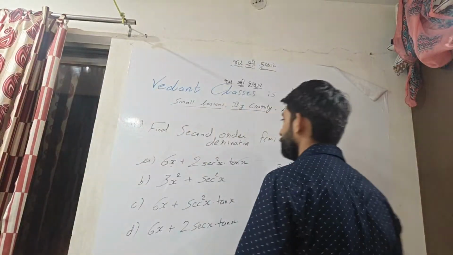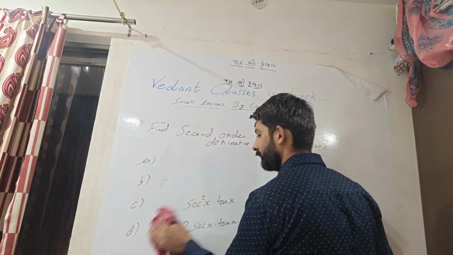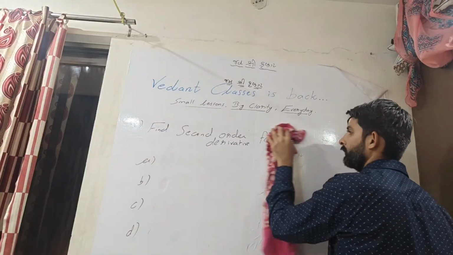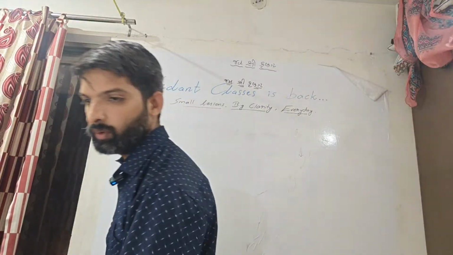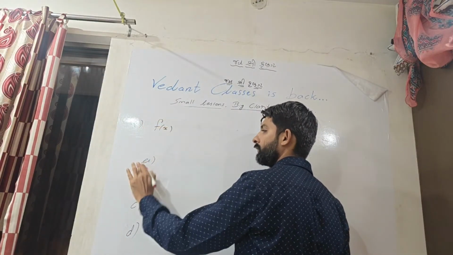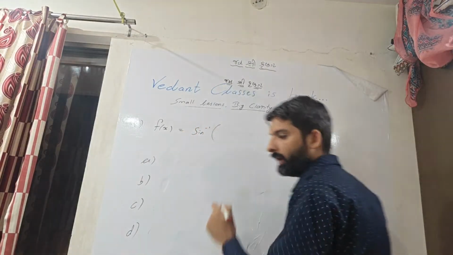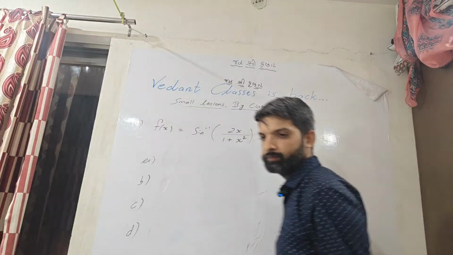Okay, let's see the next question. f of x is sin inverse of 2x upon 1 plus x square.